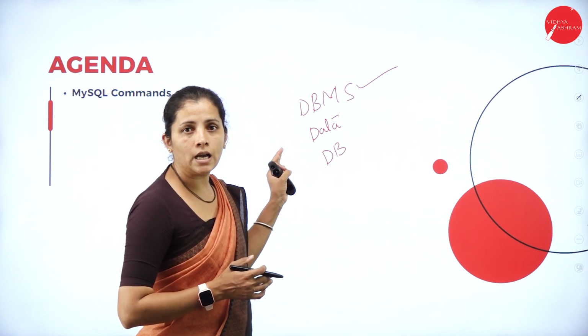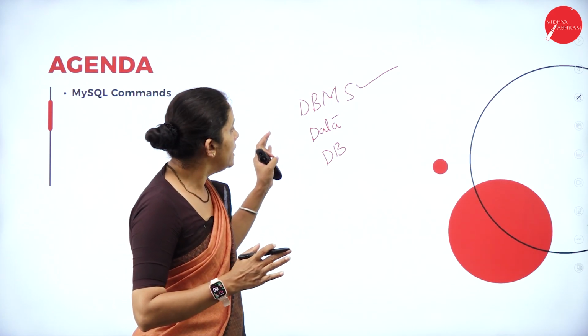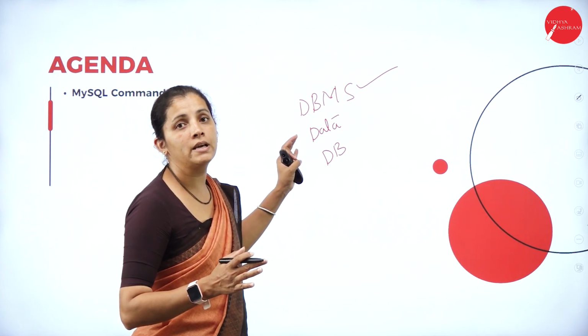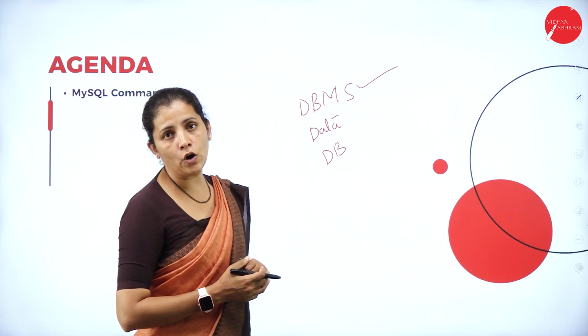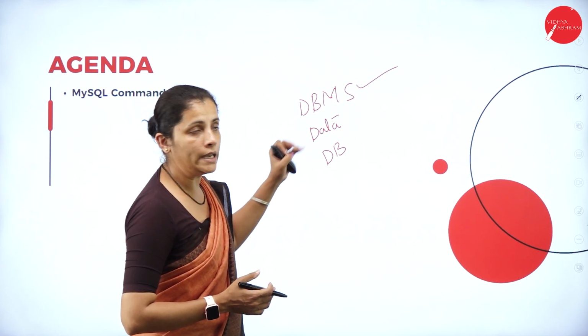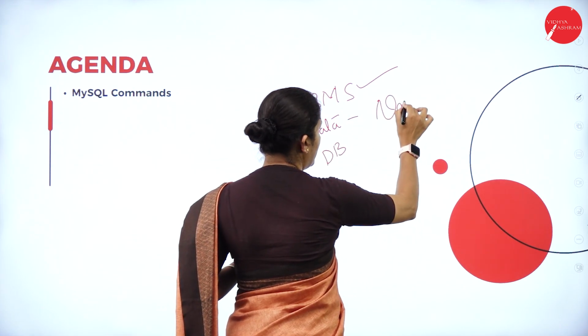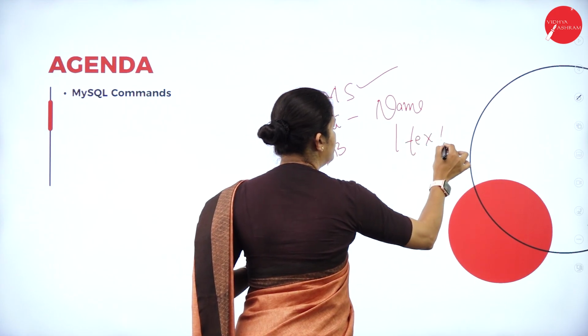So what is data? Data is nothing but the raw fact, or it can be a statistic or a figure, and if it is stored or recorded, then it is called data. For example, if I consider name, it's of type text.